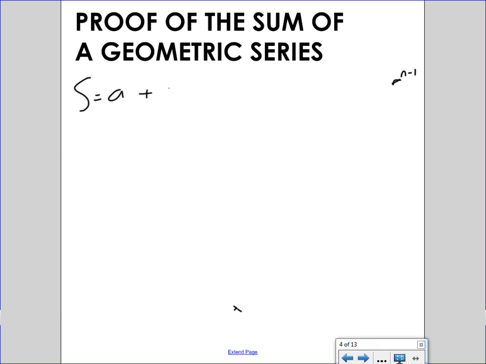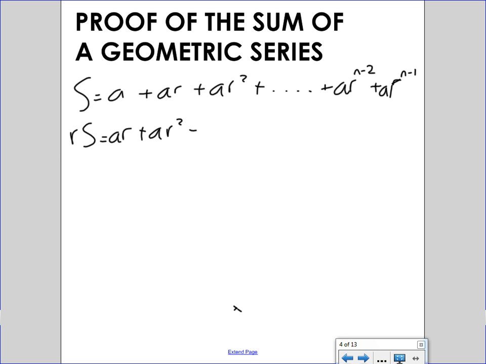So, a plus ar squared plus and so on, plus ar to the n minus 2 plus the last term ar to the n minus 1, times everything by r: ar plus ar squared plus ar cubed plus and so on, plus ar to the n minus 1 plus ar to the n. Then do this one, take away this one.